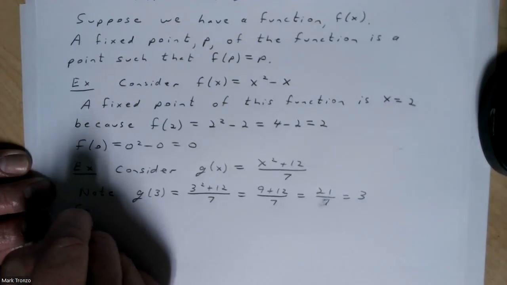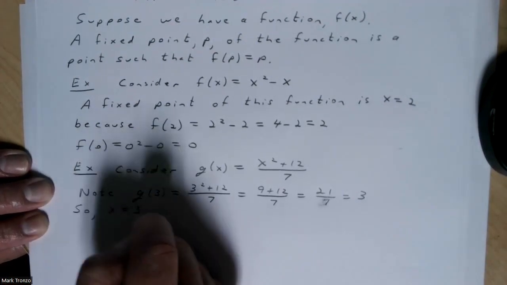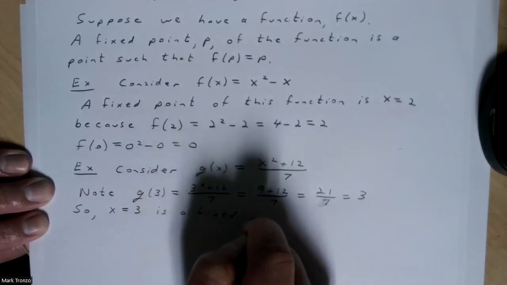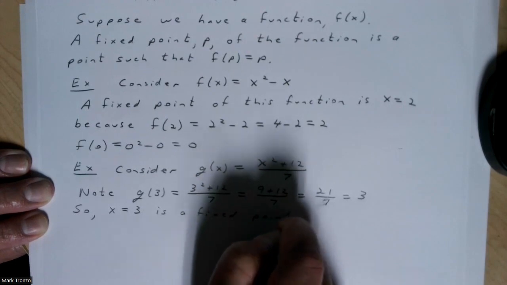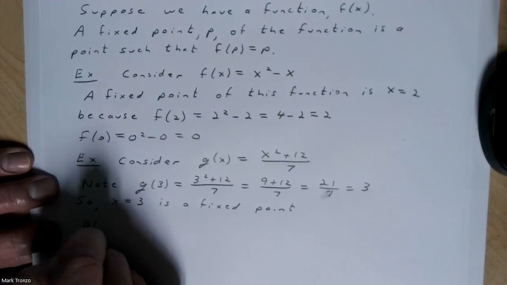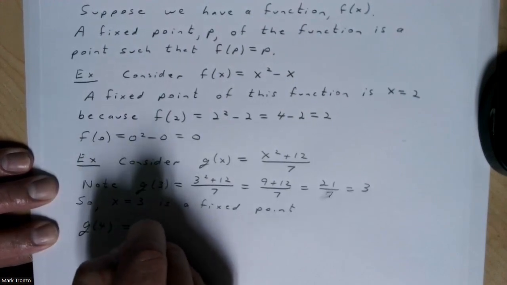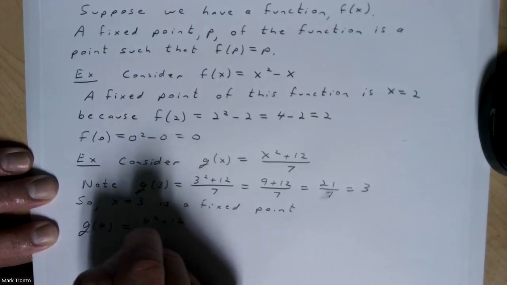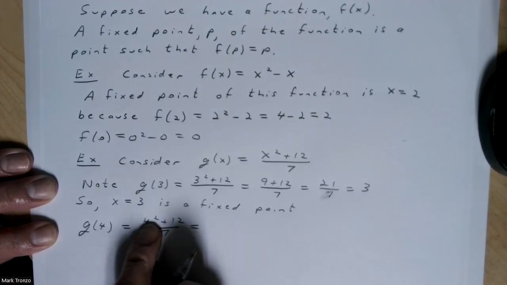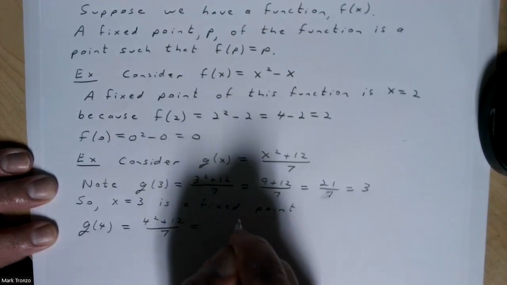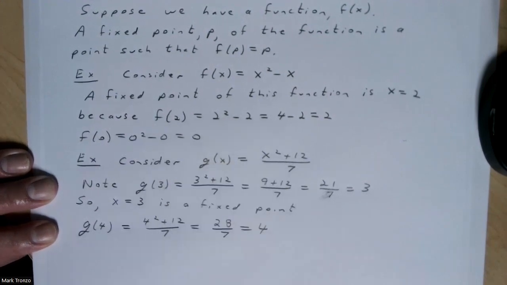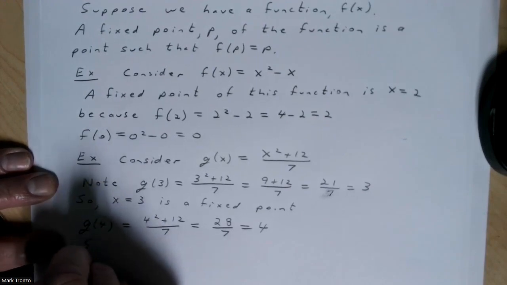So 3 is a fixed point. And another one, g of 4: 4 squared plus 12 divided by 7. And what's that going to be? 16 plus 12 is 28, and we get 4. So 4 is a fixed point.